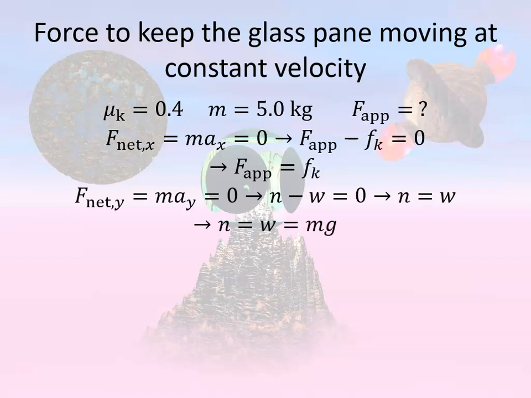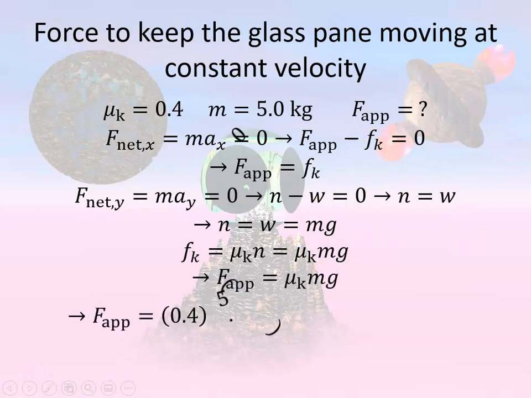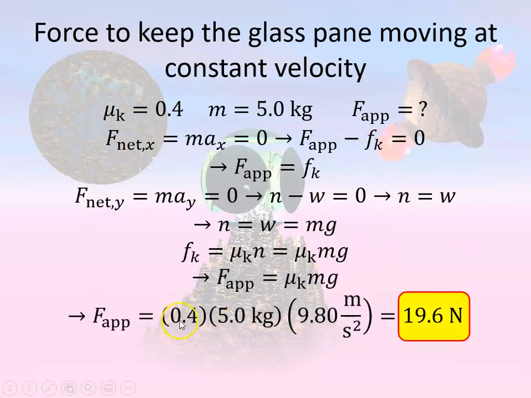It's exactly the same as what we did to get it moving in the first place, but now we have kinetic friction instead of static friction, and a coefficient of kinetic friction. All the math is the same. We just plug in 0.4 this time instead of 0.9. So now the applied force necessary to keep it moving at constant velocity is 19.6 newtons.